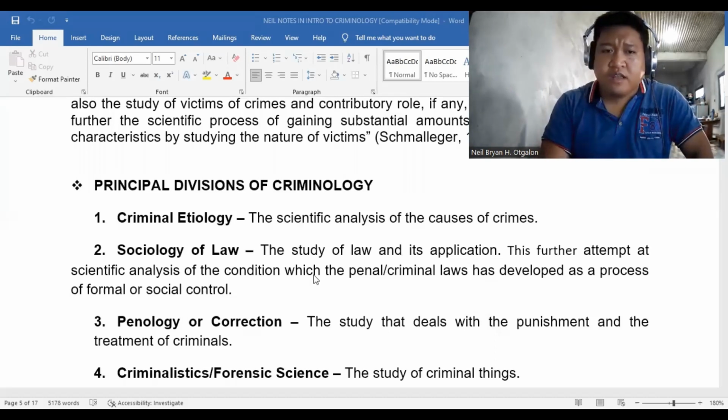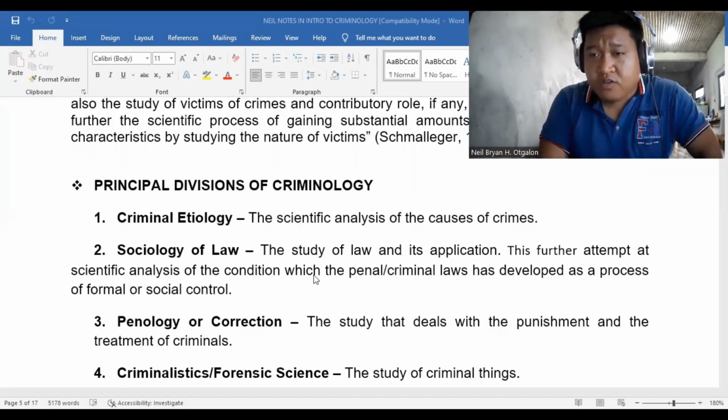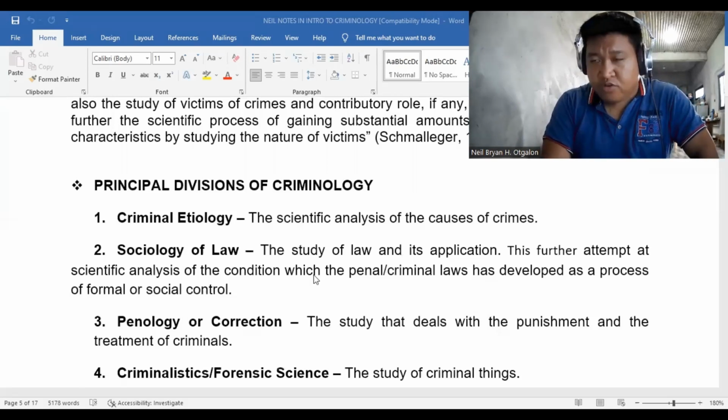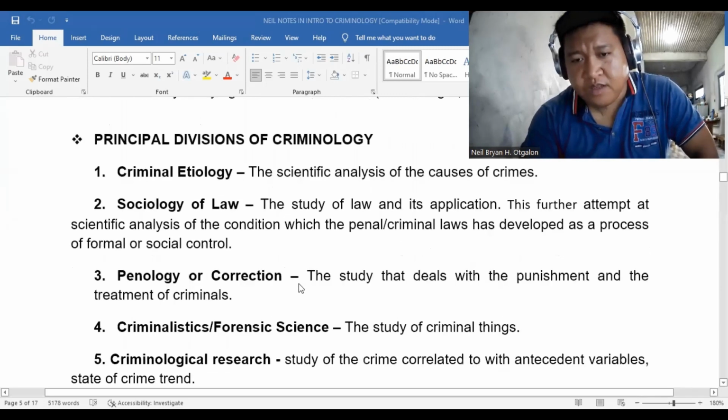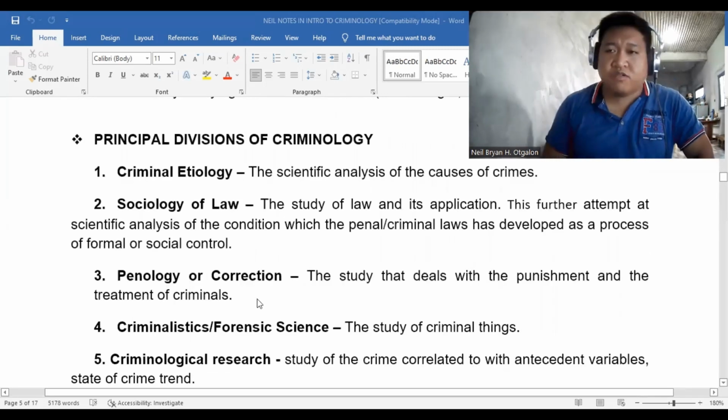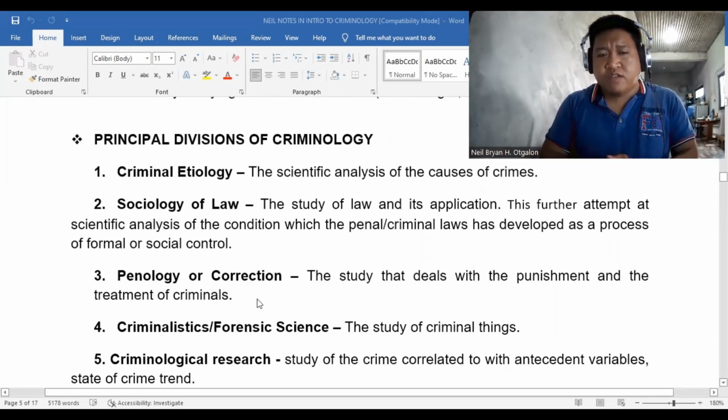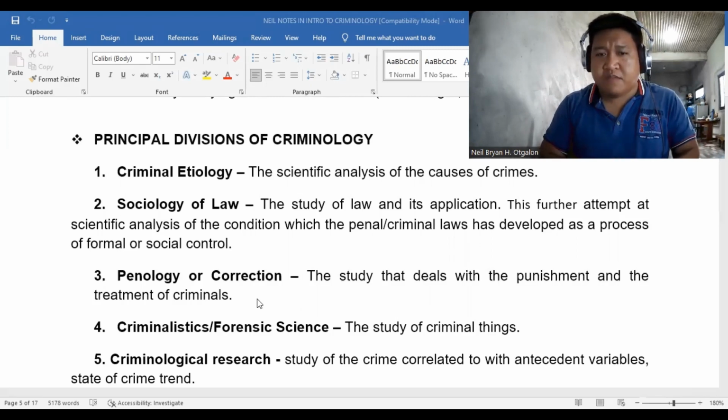That is why, tingnan ninyo sa criminology, may subject kayong criminal law, jurisprudence, and procedure. Then also, you will see in criminology as your course, meron kang subject na CA or Correctional Administration because one of its division is penology or correction. What is penology?